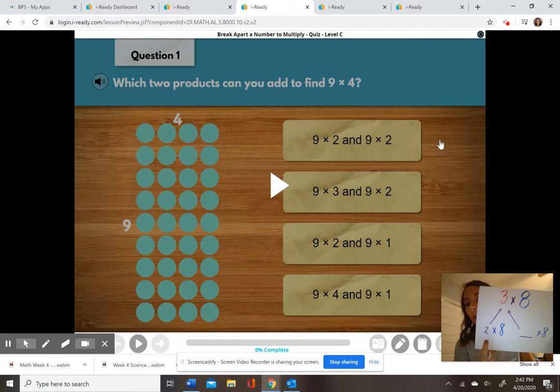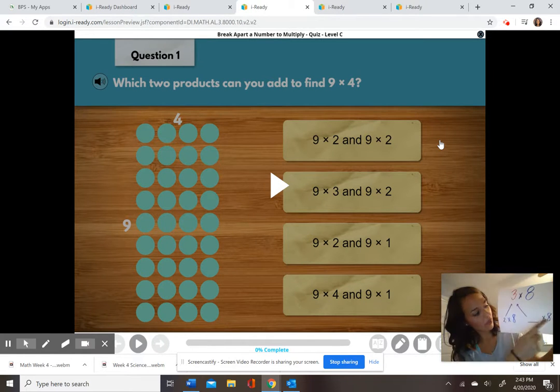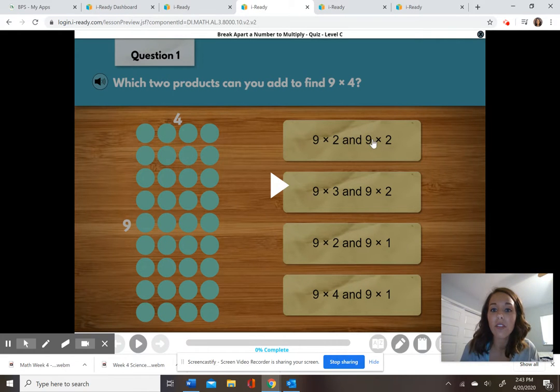So what number plus 2 will give me this 3 right here? 2 plus 1 would equal this 3. So it's always good to look at what you have in common first. You have these in common. Then you know that the remaining two numbers need to equal the leftover number. So in this case, the nines are the same.